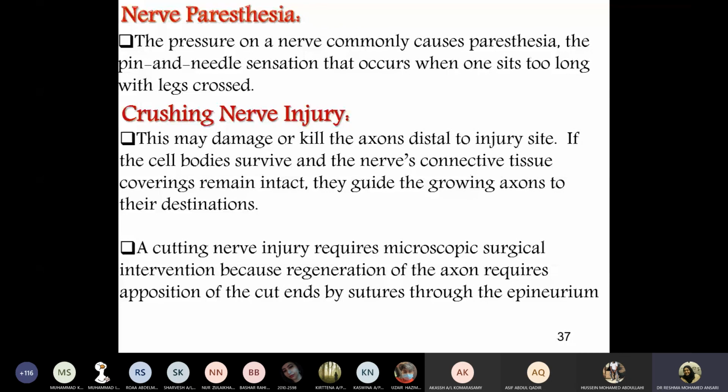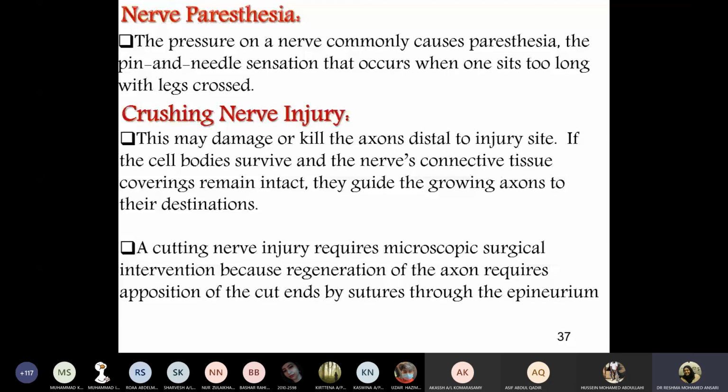Of course, we can do a surgery and we can tie the ends of an axon. But later, the patient might expect paresthesia. Like for example, even if we touch, the patient might have sensation of pain over that particular area because the axon don't grow as they were before the injury.